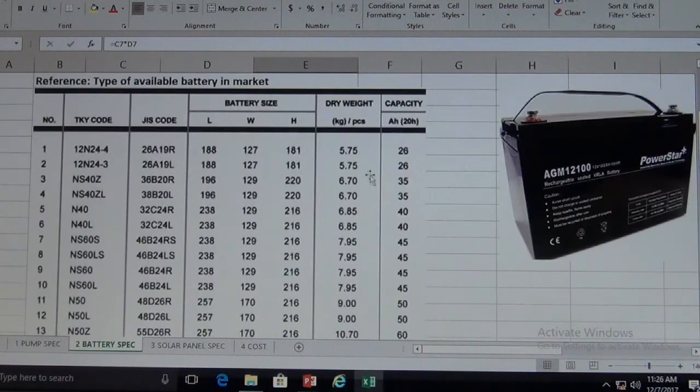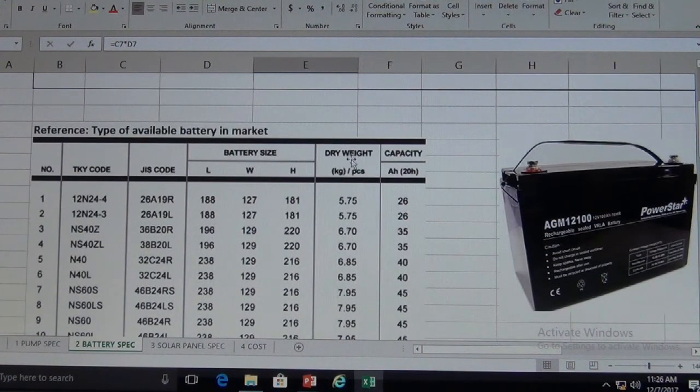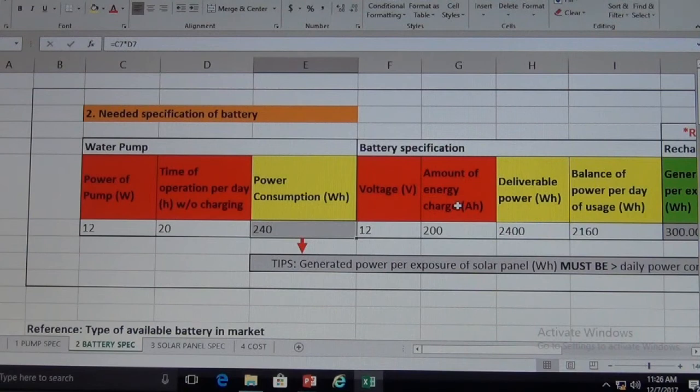So you look at the list which will be given by the shopkeeper. Forget about the dry weight. We need to look at capacity. Just look at the voltage and the amount of energy charge, because the multiplication of voltage and amount of energy charge will give you the deliverable power, the power that the battery can supply.